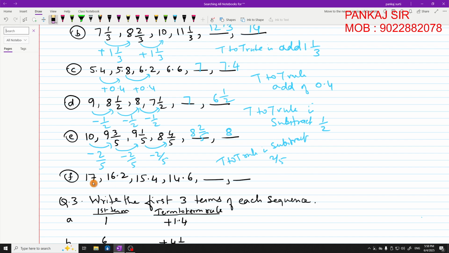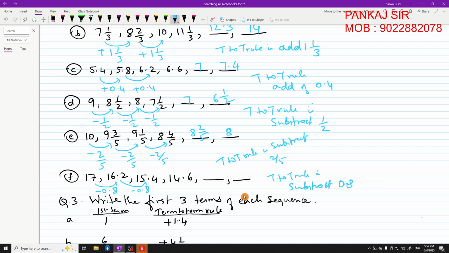17. From 17, if you subtract 0.8, you should get 16.2. Am I right? From 16.2, if you subtract 0.8, you should get 15.4. So my term to term rule is subtract 0.8.